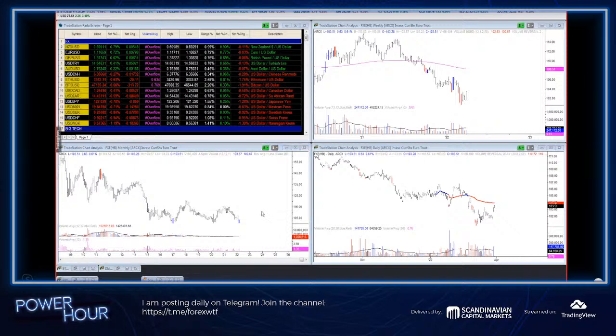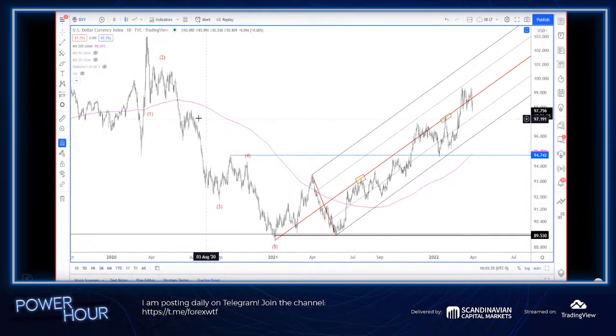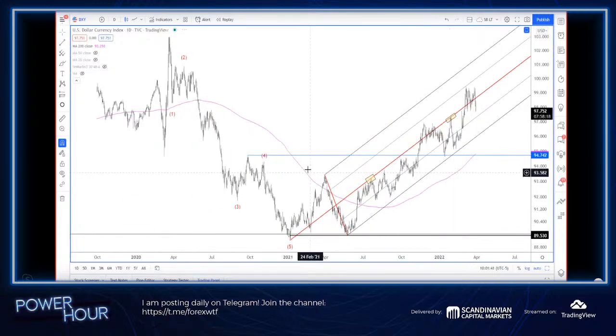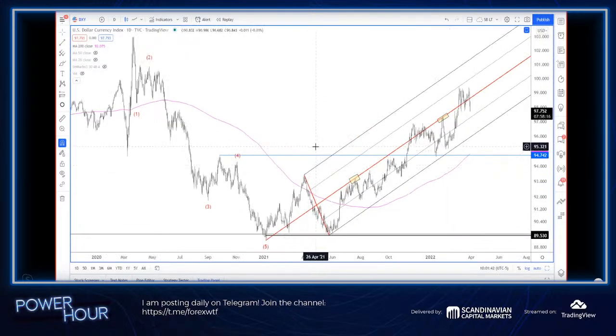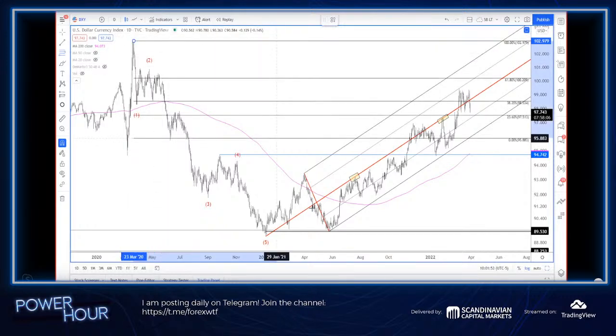All right, so moving on. So there's US dollar, DXY. Really, US dollar is the chart that I'm watching closest for that trigger that we just looked at.